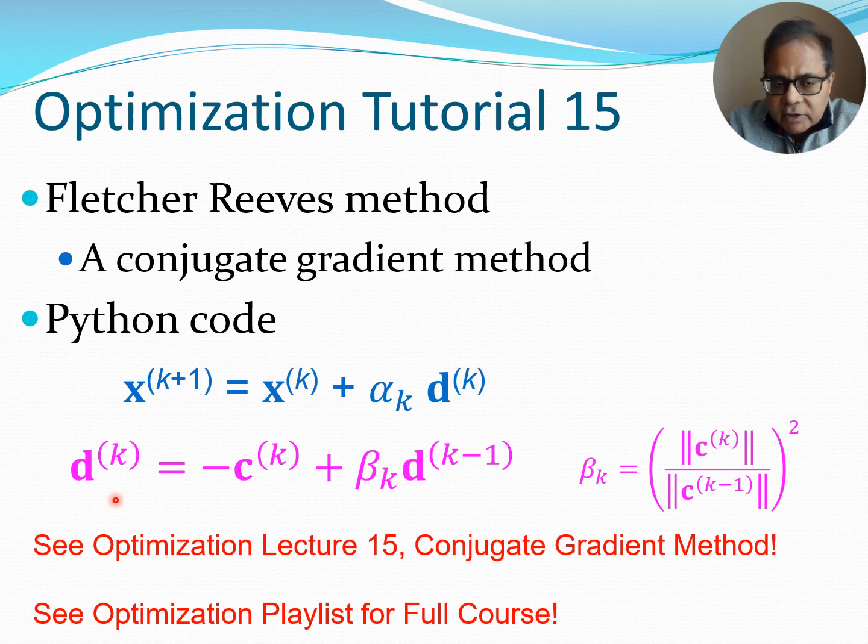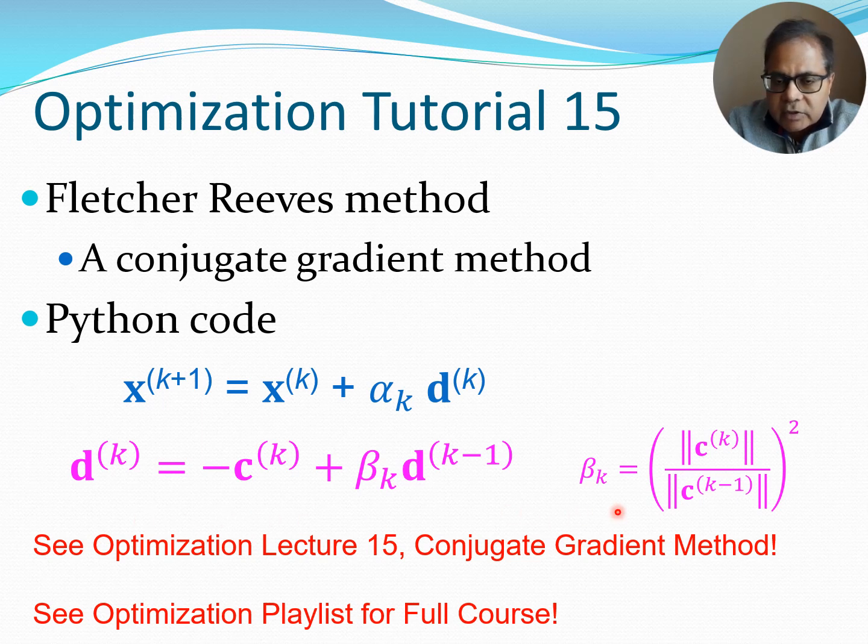As far as Fletcher Reeves is concerned, they propose that dk is minus ck plus beta k into dk minus 1. So in this case, you see that this method has some aspect of bringing information from the previous point, that is k minus 1, into the current point. If you think of this method, it actually retains the history of all the previous methods, because you are going to continuously keep the previous value, and so that's going to come into the current search direction.